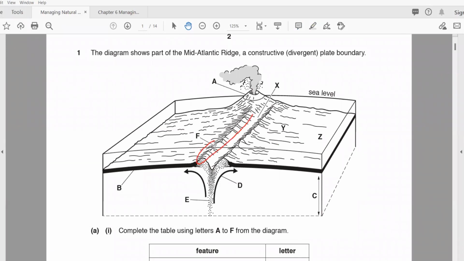This is the ridge, and it can be a rift valley X, but they didn't ask this one. Okay, so which type of boundary is this? Yes, constructive, or divergent. So keep this in your mind.